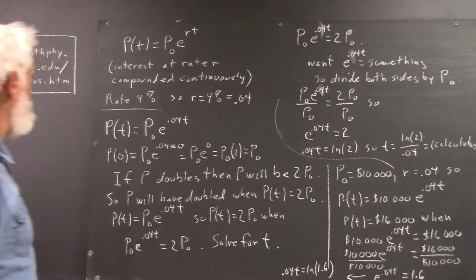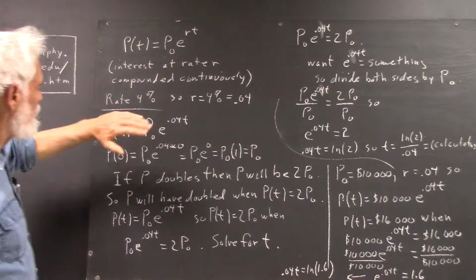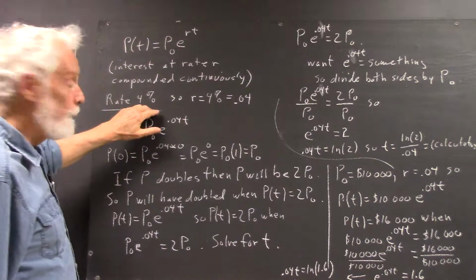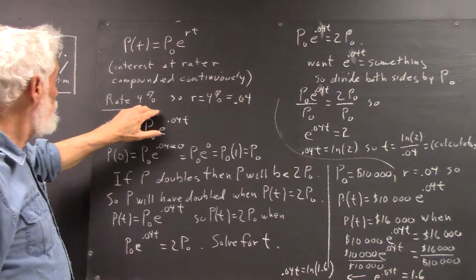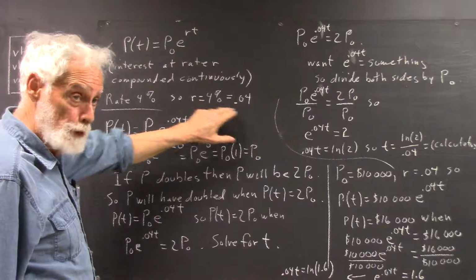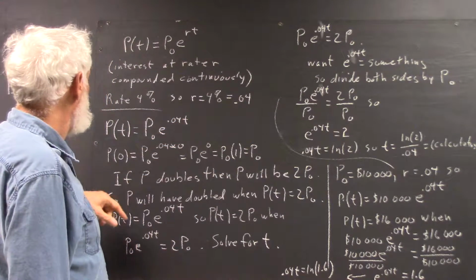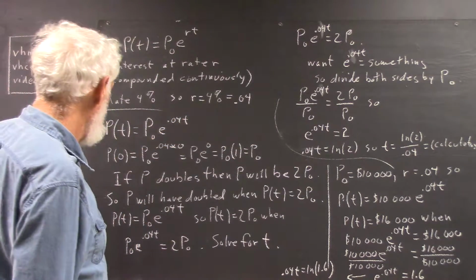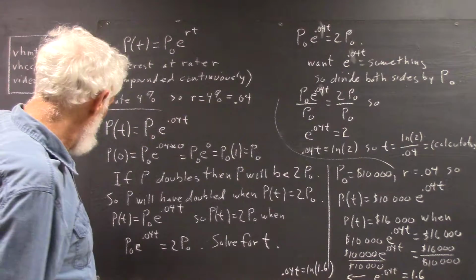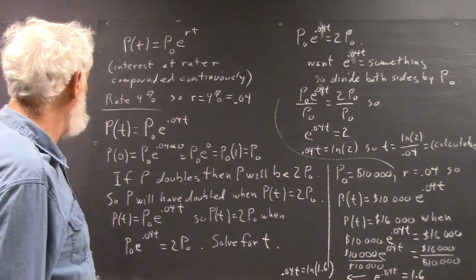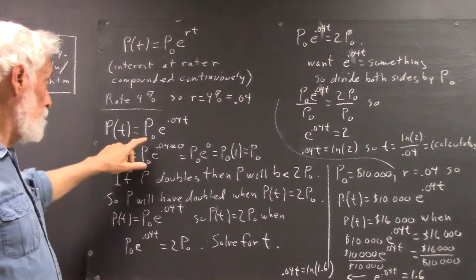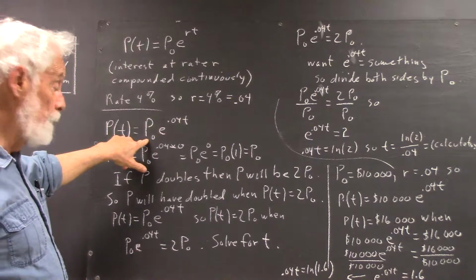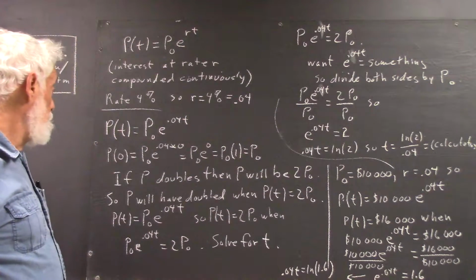Okay, so if your interest rate is 4%, then R is 4%, which is 0.04. We'll just go with the interest rate right now, and not put in any specific amount for the initial principal.